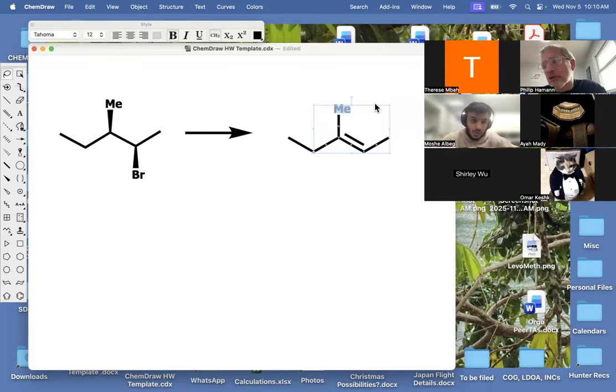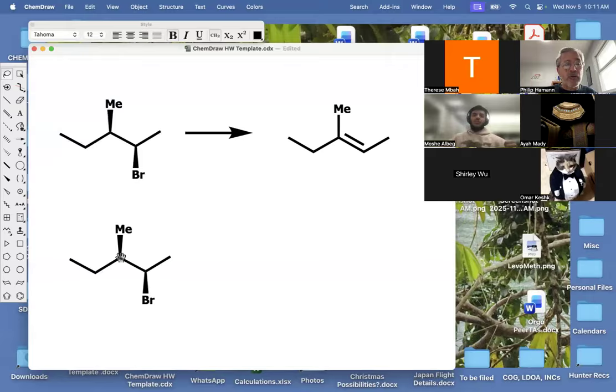It's one of those things that I really think I should take off for, but I usually don't, but don't push me. It makes no sense. If it's in the plane of the paper, wedges make sense. Okay. So what I've just shown you is the reaction where the hydrogen is in the right place.